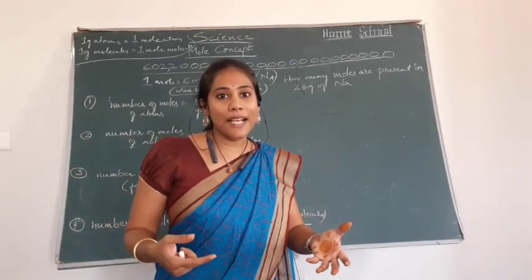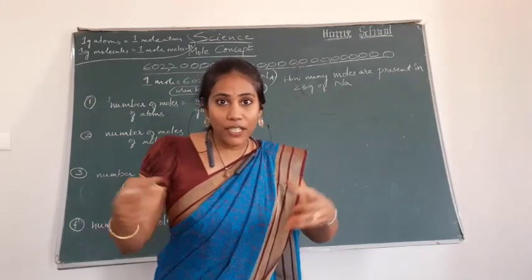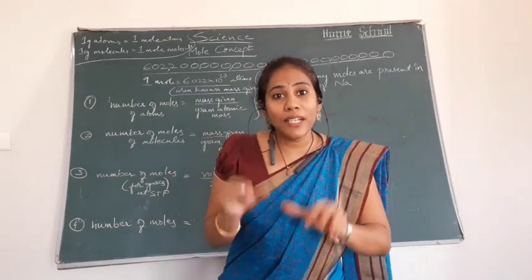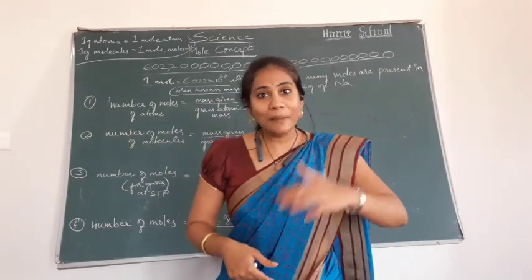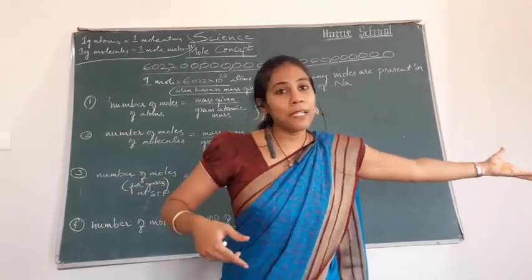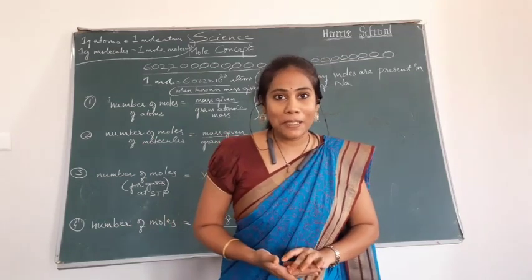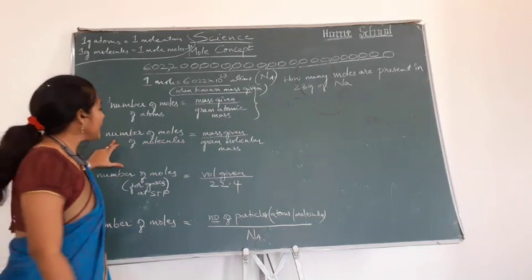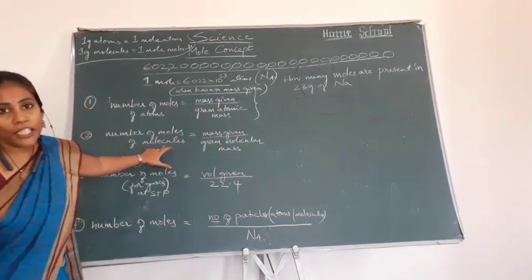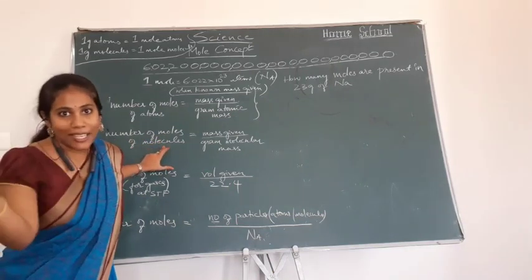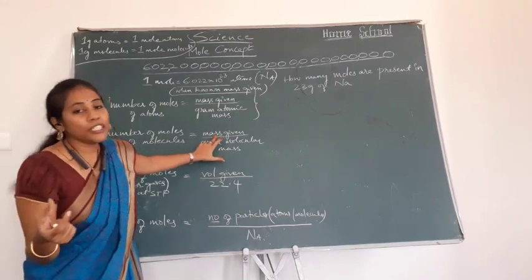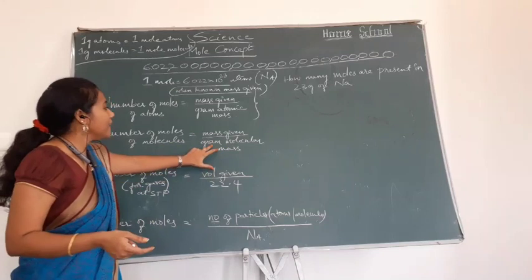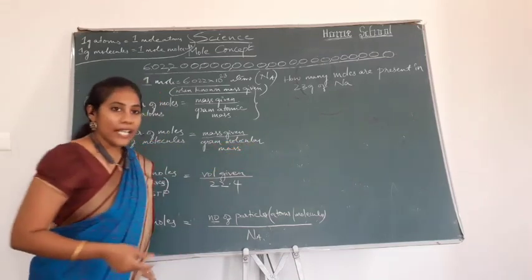Gram atomic mass means the atomic mass digit only, as mentioned in the periodic table, but the unit will be grams here. The second formula, to calculate the number of moles of molecules present in a particular amount: mass given divided by gram molecular mass.